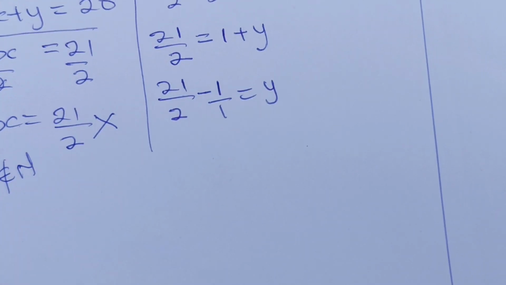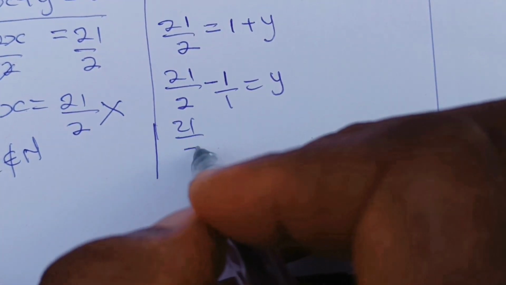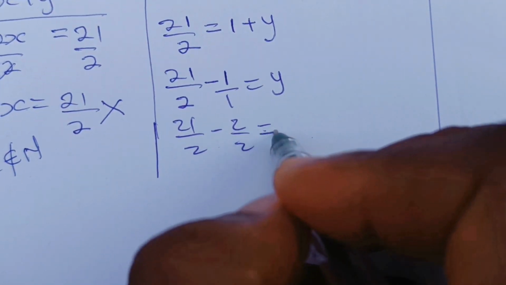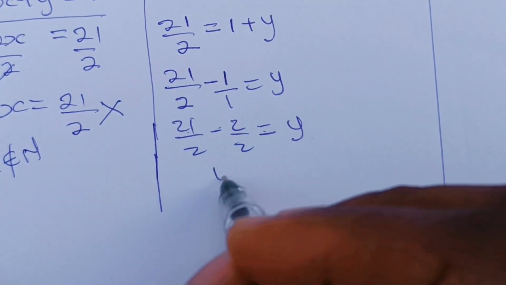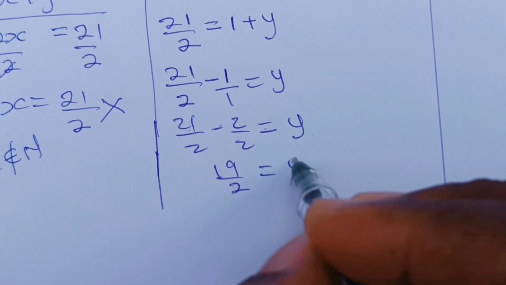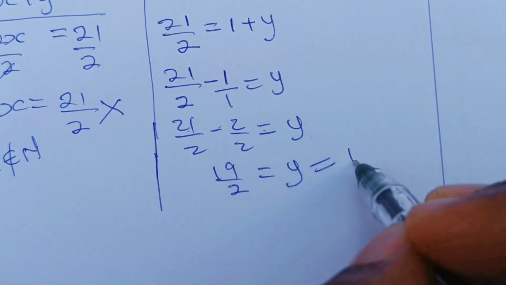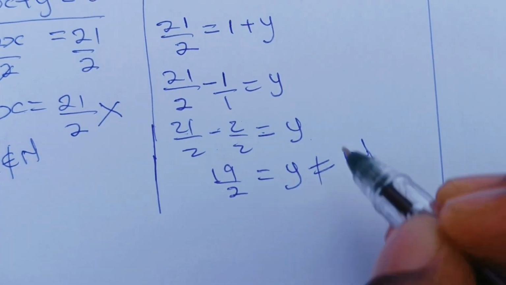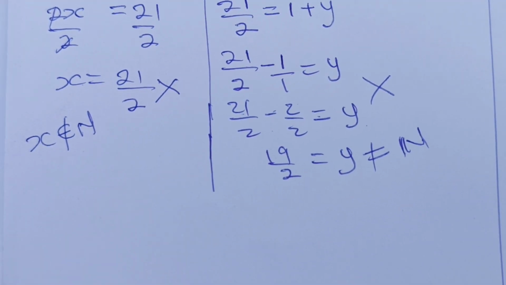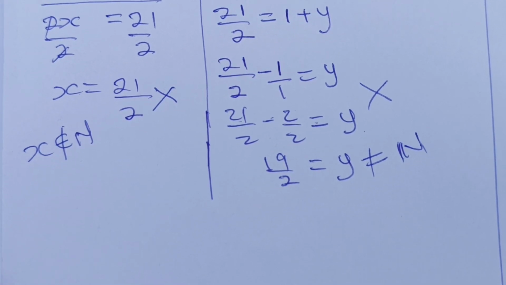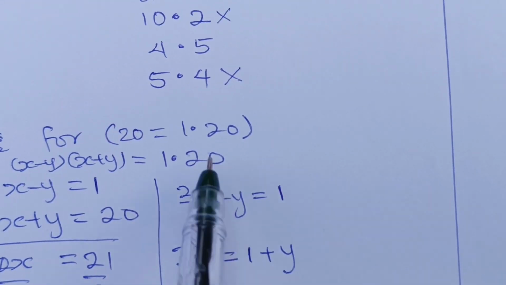Now, if we solve this, we can write this as 21 over 2 minus 2 over 2 is equal to y. So we have 21 minus 2 will give us 19 over 2 is equal to y. And here also, this is not a natural number, so we also reject this. So for the first value, that is, 20 equals 1 times 20, that is for this.